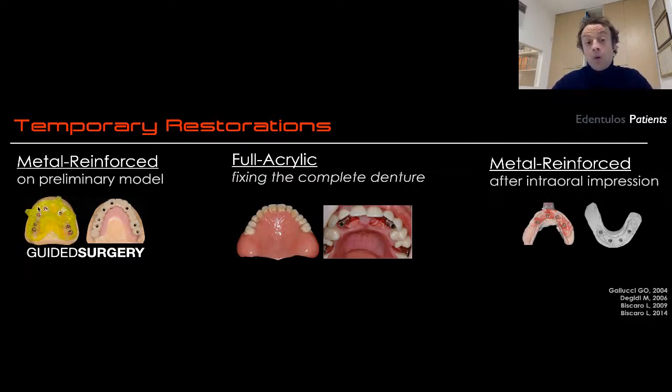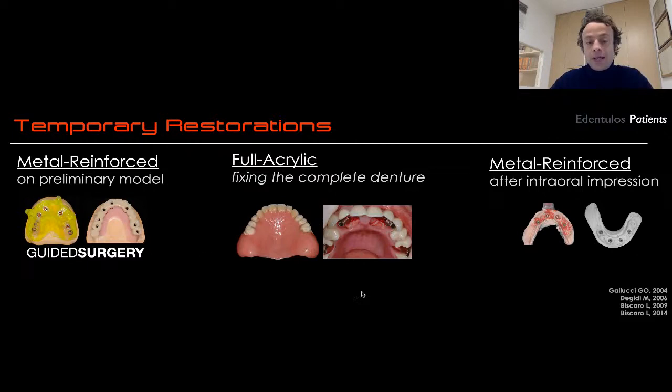In that way, our dental technician can immediately create a metal reinforced temporary restoration to be refined and fixed intraorally with some acrylic. And in that way, we can immediately create a really good temporary restoration. All these aspects are created before the surgery.